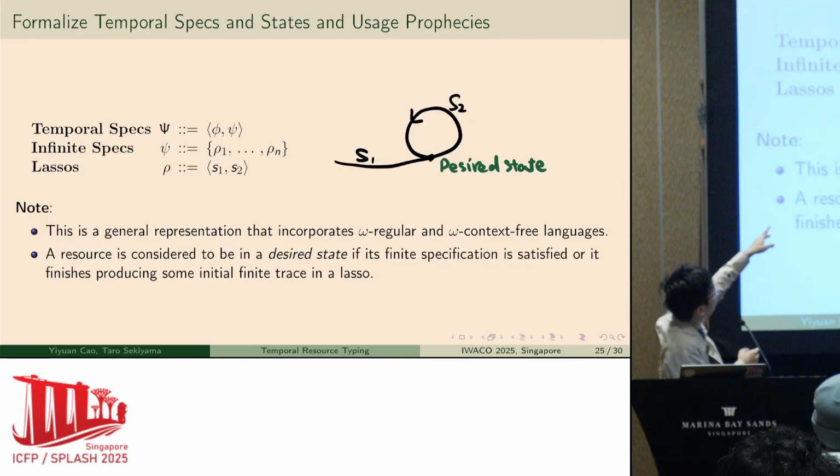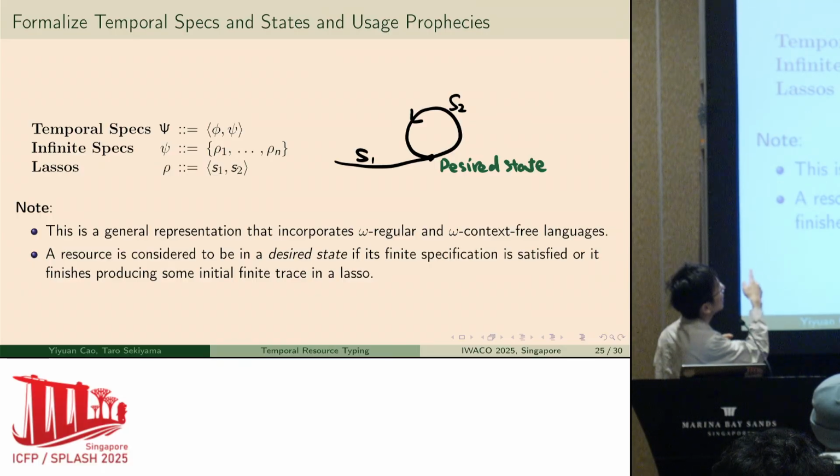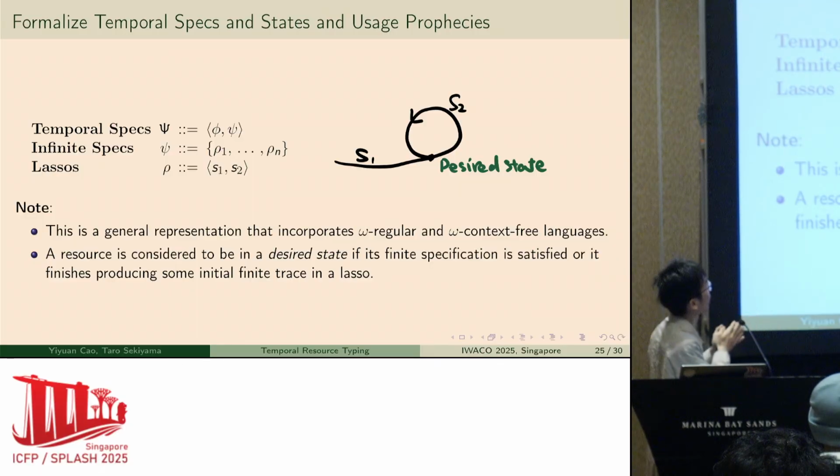And the infinite specification is a finite set of what we call lassos, making an analogy similar to automata theory. Each lasso has an initial component S1 and a repeating component S2, and it prescribes a valid infinite usage pattern by producing some trace in the initial part and then repeating by producing some trace in the repeating part.